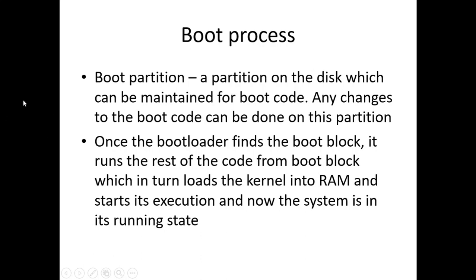That boot code would find the kernel, load it to RAM, and execute it. The kernel would then do the rest of the activities related to starting the entire system. So that is how this entire booting process happens.